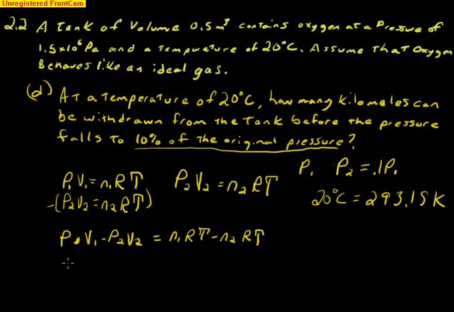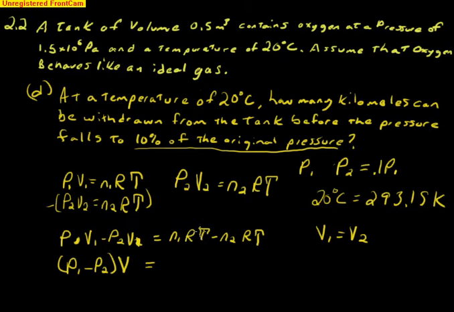And let's do a little factoring here. Is our volume changing? This is going to be withdrawn from a tank. Is the tank changing size at all? No, I hope not. So our V1 and our V2 should be identical. So if this V2 is actually V1, we can factor that out and we'll get our pressure 1 minus our pressure 2 times, we'll just call it V since it's not changing.